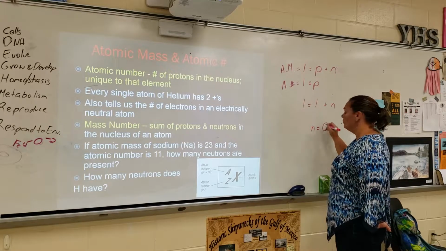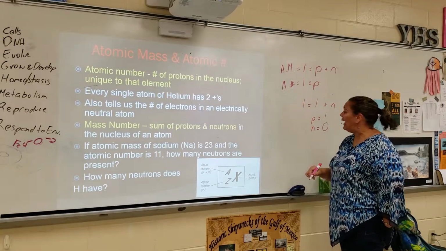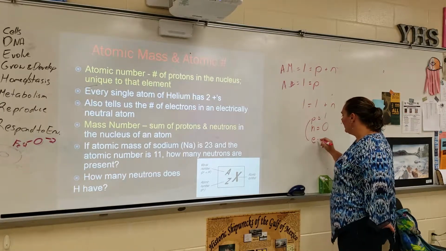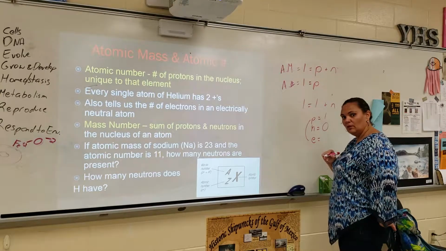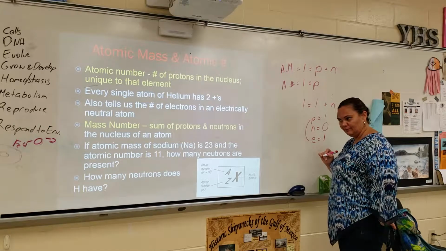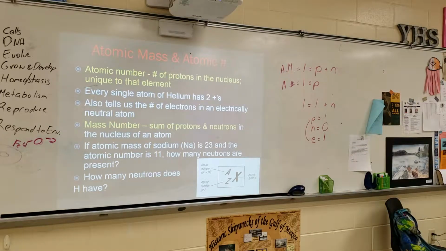I have 0. I have 1 proton, and again, I did not tell you it had a charge, so how many electrons am I going to have? 1. Good? All right, so do more of these, and you will see questions like this on the quiz, so make sure you feel comfortable with this.